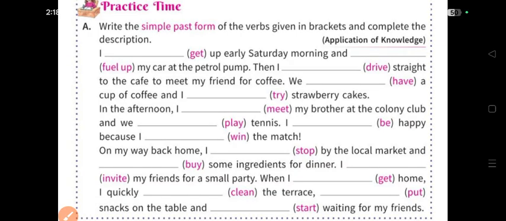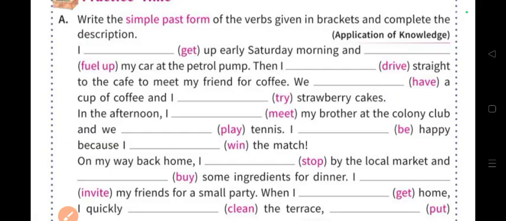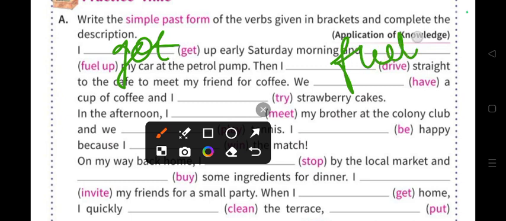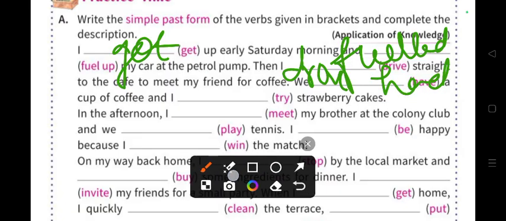So here write the simple past form of the verbs given in the brackets and complete the description. So that is I got up early Saturday morning and fuelled up my car at the petrol pump. Then I drove straight to the cafe to meet my friend for the coffee. We had a cup of coffee.